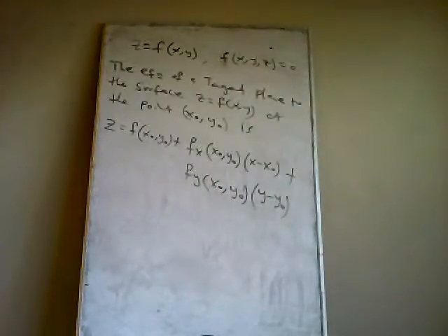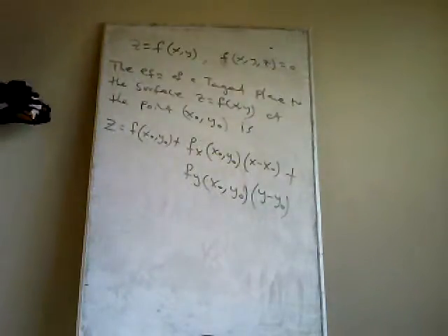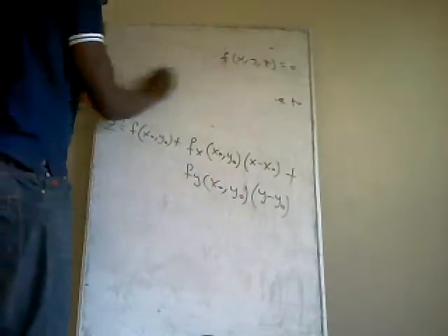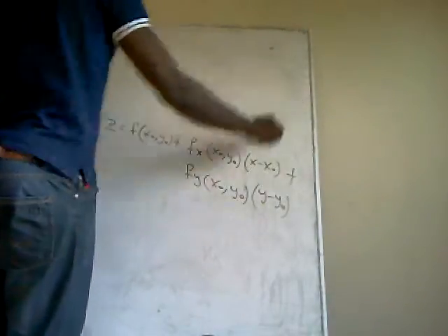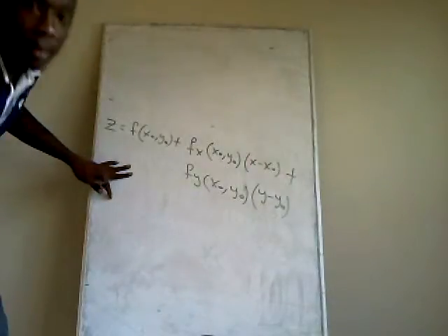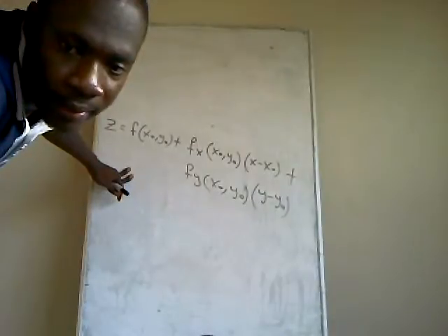We call this the equation of a tangent plane to that surface. Let's take an example quickly.